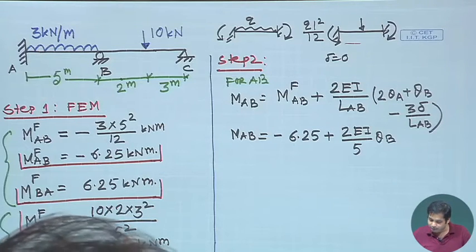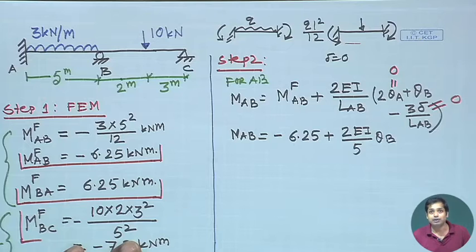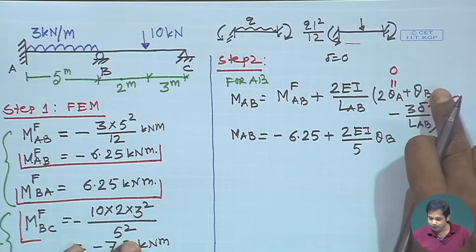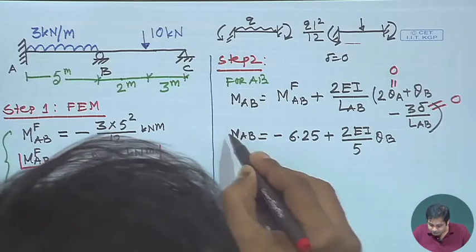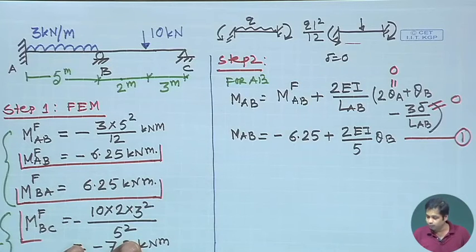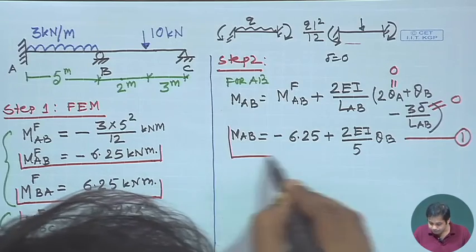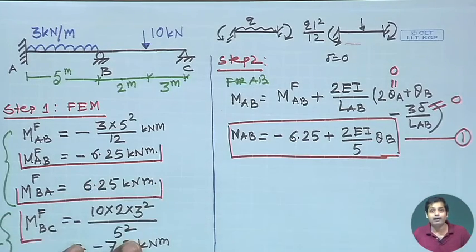So, straight away we can write theta A is equal to 0 and delta is equal to 0. So, we are only left with theta B. Okay. So, this is equation 1, the slope deflection equation for member AB.